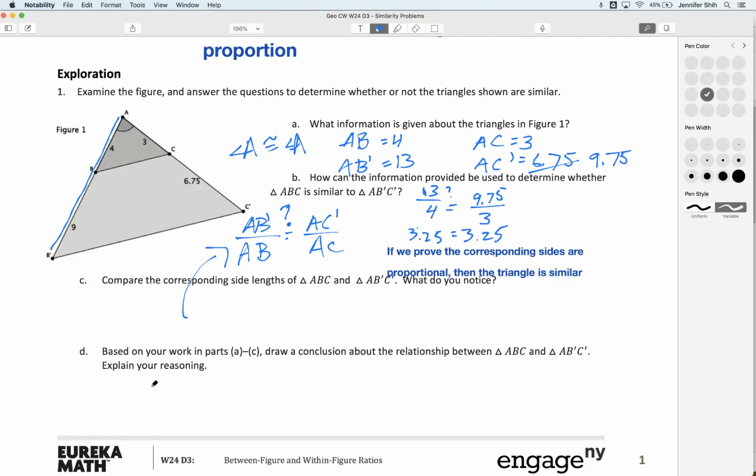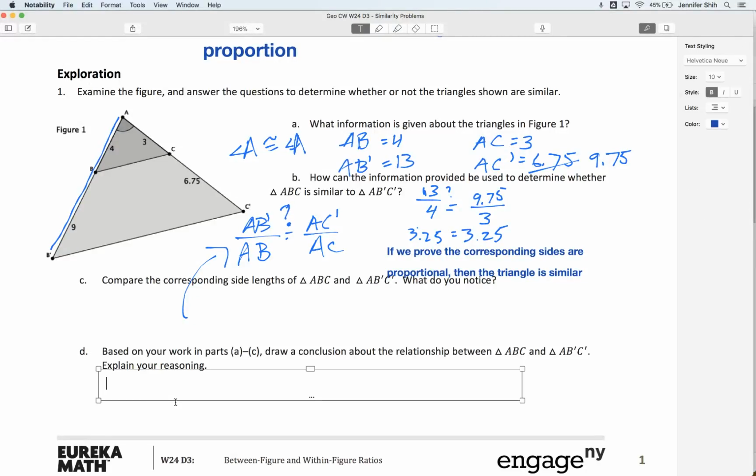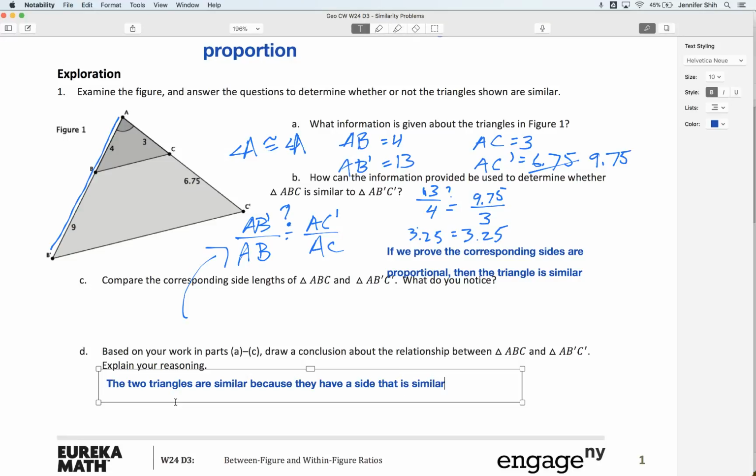So this last part says, based on your work in parts A through C, draw a conclusion about the relationship between those two triangles. Explain your reasoning. So we are going to say this: the two triangles are similar because they have a side that is proportional.